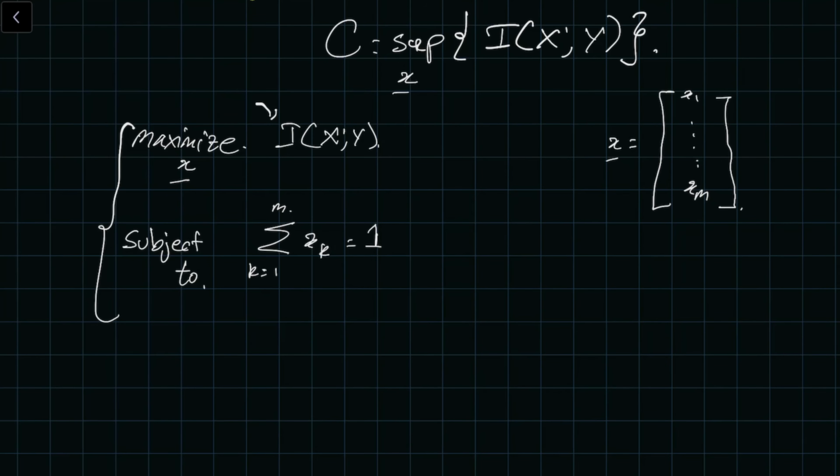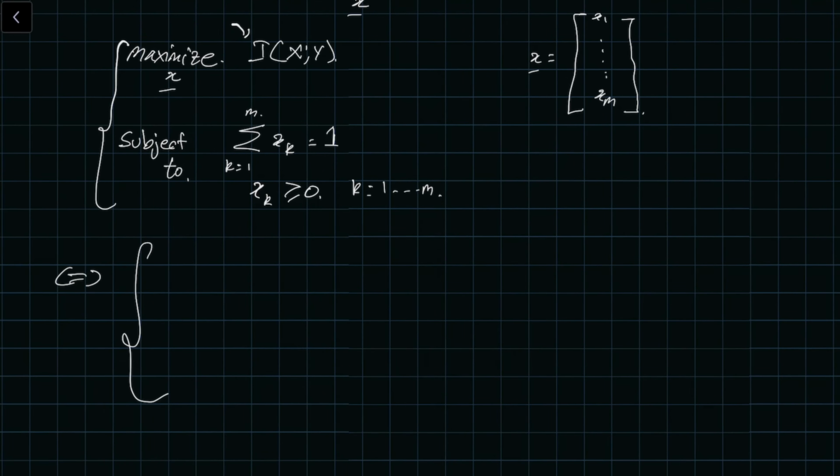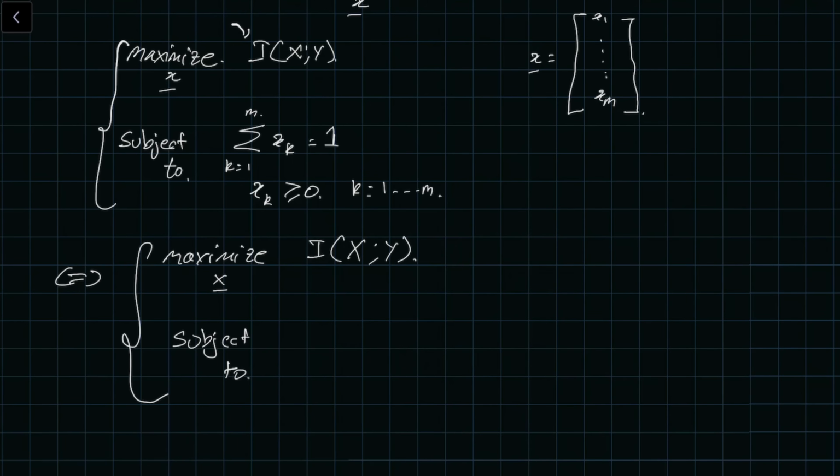So we have to make sure that each x_k is positive, for all k going from 1 till m. Equivalently, you can write this problem in vector form, where 1 transpose x is 1, with 1 the ones vector, and x is entry-wise positive.